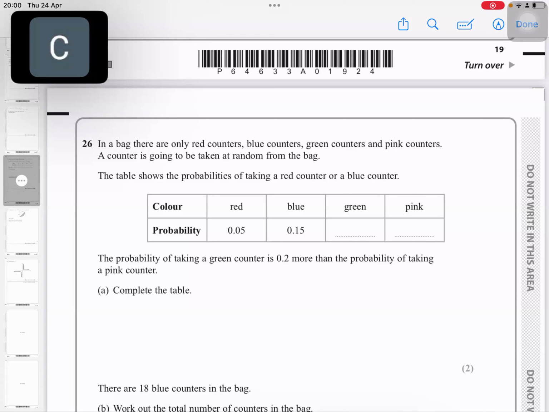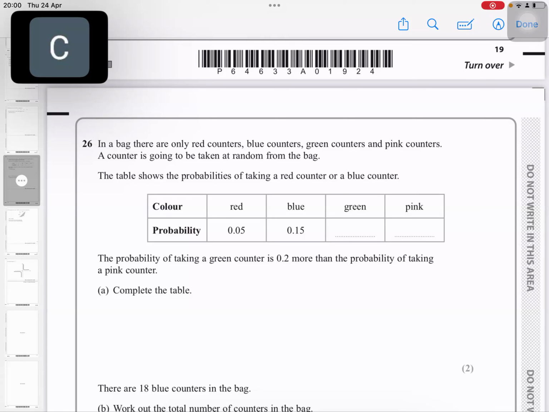But you can be writing it down as I'm saying it. 0.05 plus 0.15 plus. Now, you were told that the what?